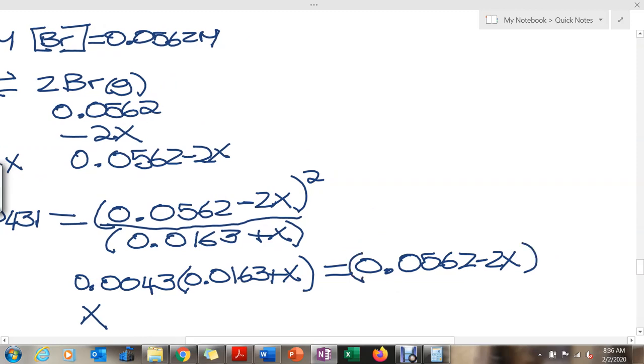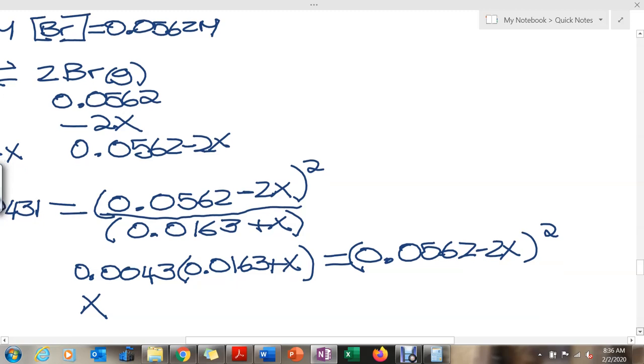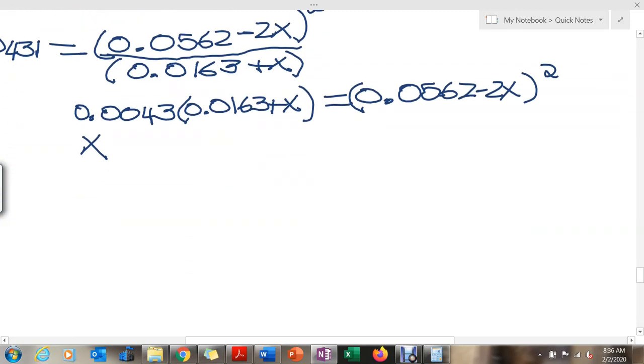Now, if you have this, it would give you a quadratic equation. If you solve, multiply this by this, and then you have the square of this. So I'm not going to do it. You probably don't have it on a test for sure. 0.0218.